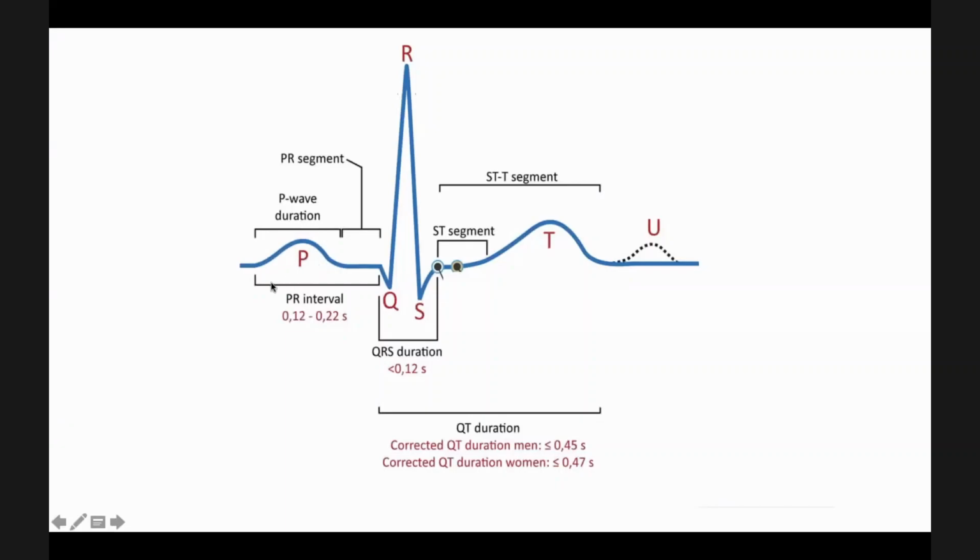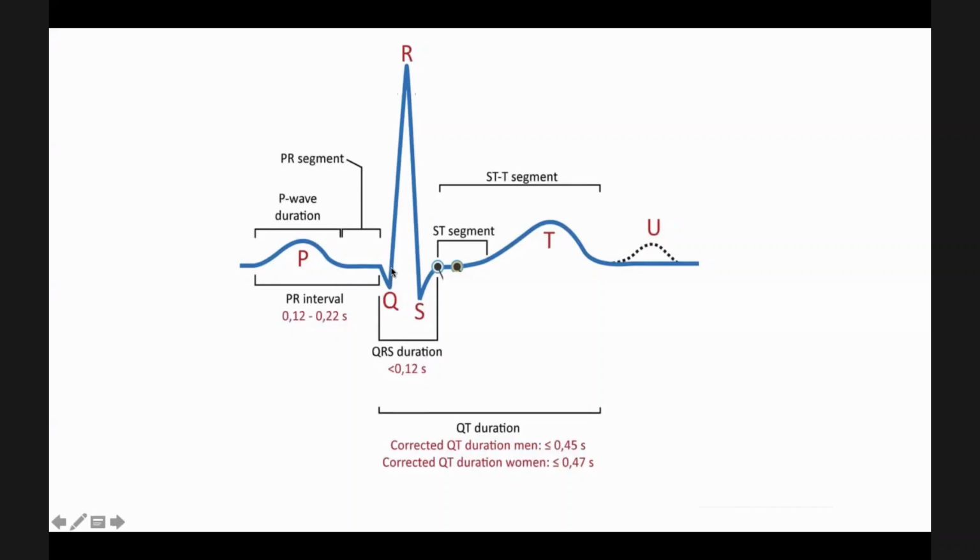The PR interval is from the beginning of the P wave until the R. That duration is usually 0.12 to 0.2 seconds, one large square. Remember, it is one large square. If it is more than that, the PR is prolonged.